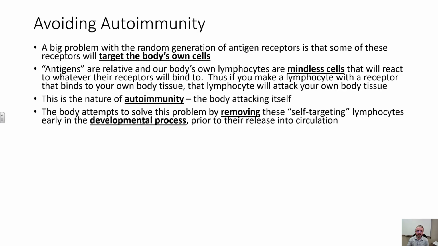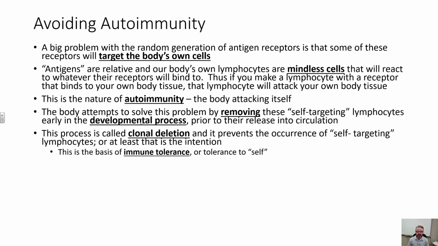So this is actually taking place in a specific area, largely in the thymus. The thymus is a big area where this takes place. And the process is called clonal deletion. So any clone, so to speak, of a lymphocyte that does target the body's own tissue is removed very early in the development process.